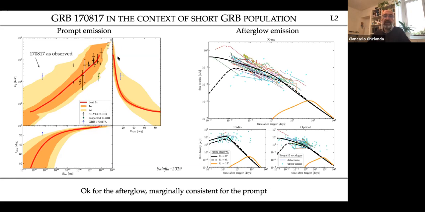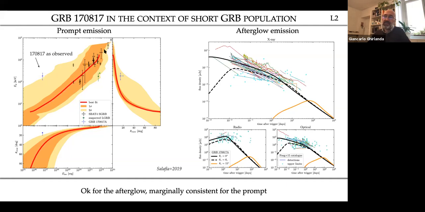So these are cosmological short GRBs. And what we tried to do here was to observe the structure of the structured jet of 170817 from progressively smaller angles.